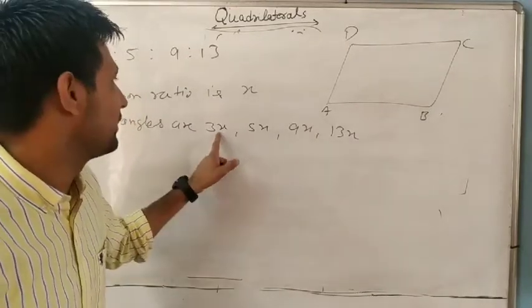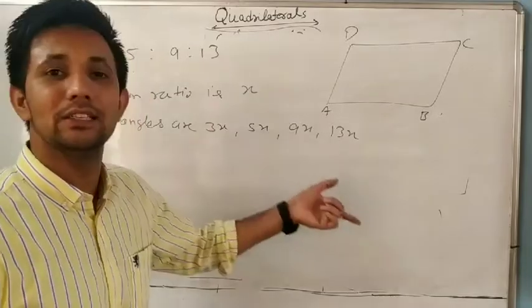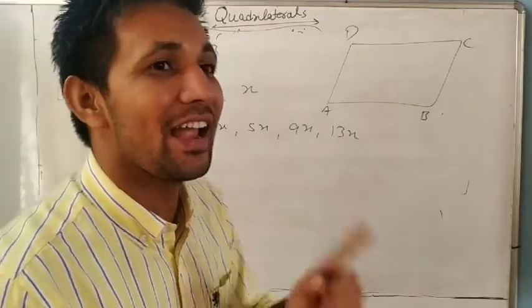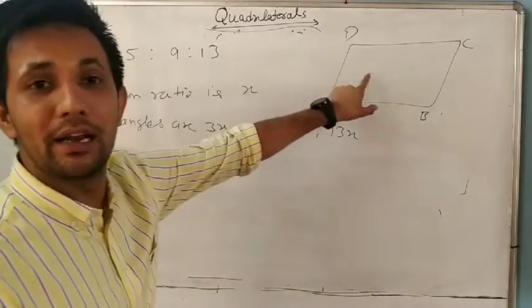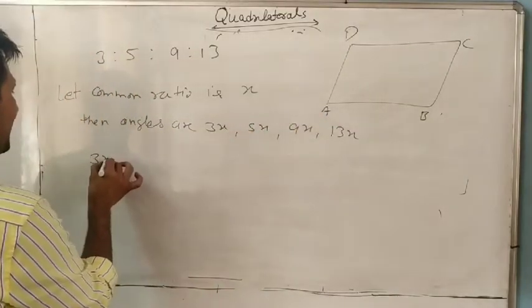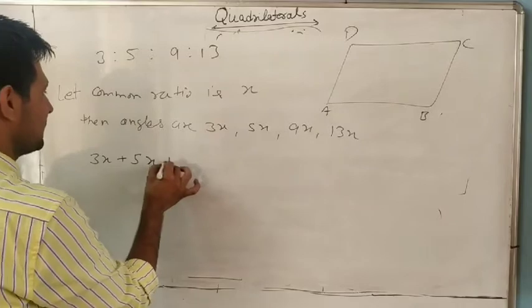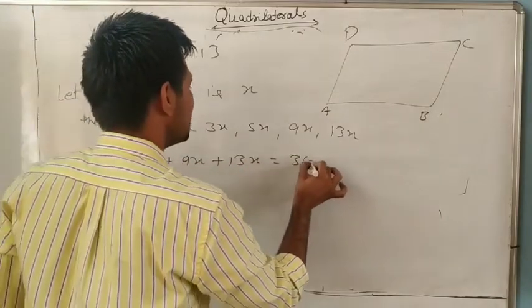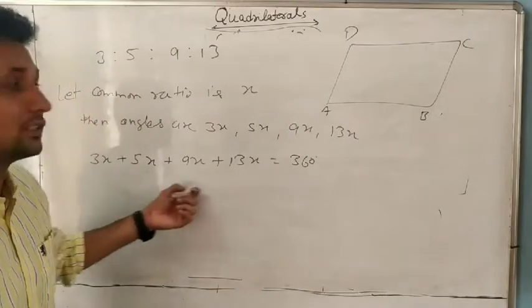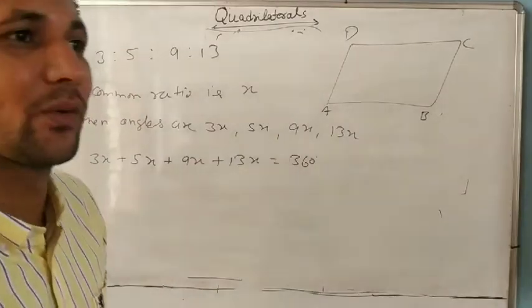If x is 10, then 3 into 10, 5 into 10, like this. We will use the angle sum property of quadrilateral. These are the 4 angles of this quadrilateral, so 3x plus 5x plus 9x plus 13x equals 360.